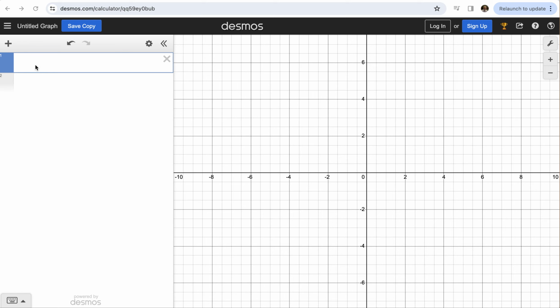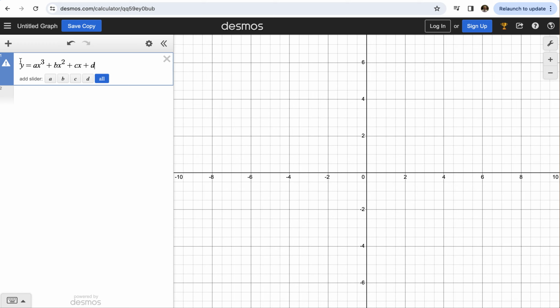Order of the terms of a polynomial. So I'm going to write in a general polynomial. That would be something like y equals ax to the third plus bx to the second plus cx plus d.